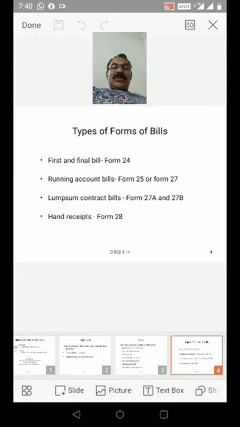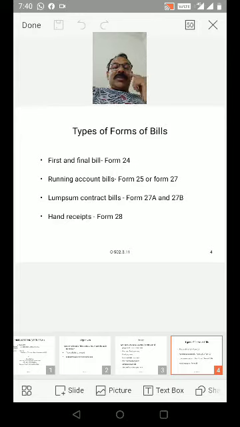Running account bills, Form 25 or Form 27. Lump sum contract bills, Form 27A and 27B. Hand receipts, Form 28.